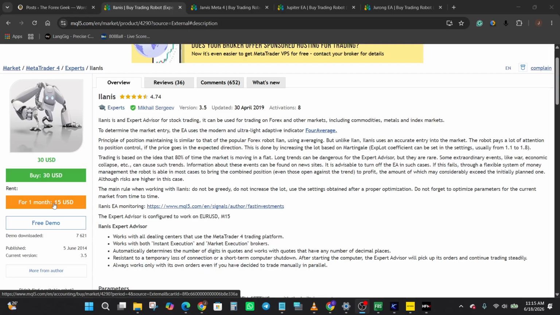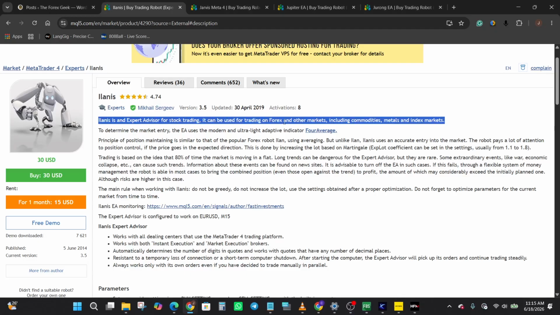This is version 3.5 of the software, and according to the marketplace information, it was last updated on April 30th, 2019. Looking through the description, Ilanis is presented as an expert advisor that can be used not only on Forex, but also on commodities, metals, index markets, and other trading instruments.